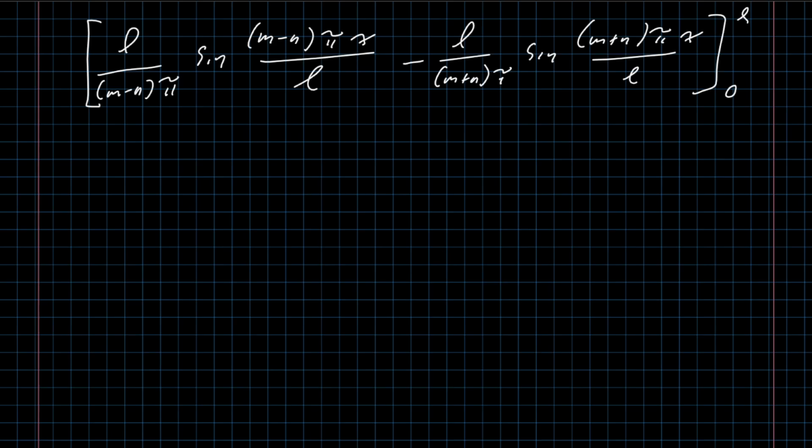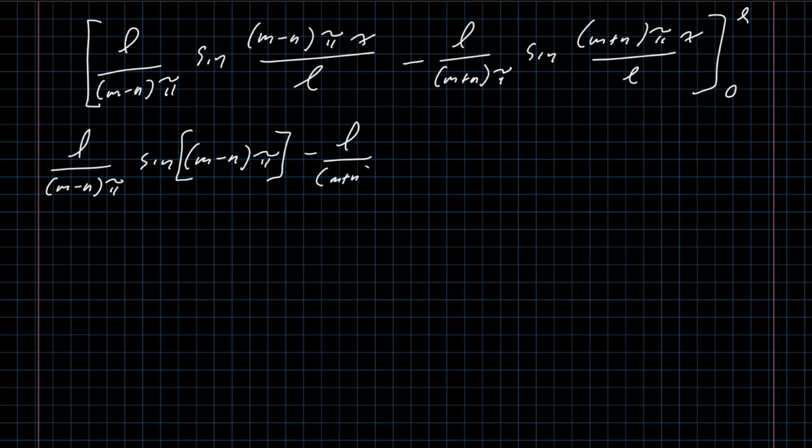So we have L over m minus n times pi times sine of m minus n pi, minus L over m plus n times pi times sine of m plus n times pi. There's my upper limit of integration. Subtract from that my lower limit of integration.